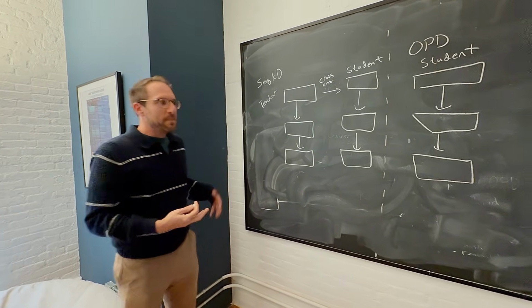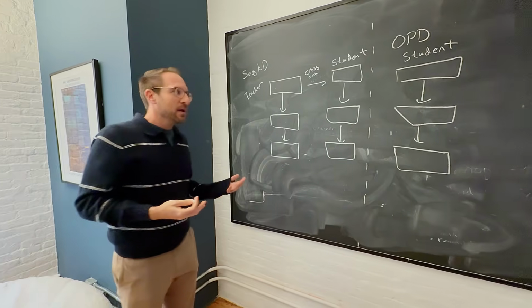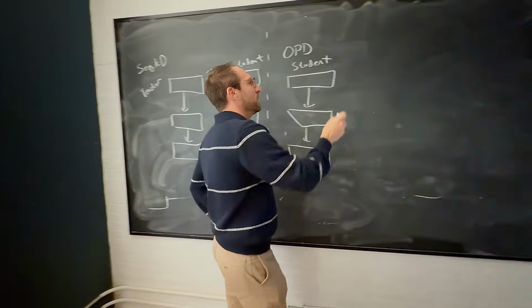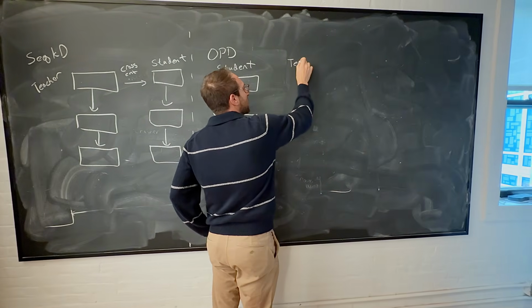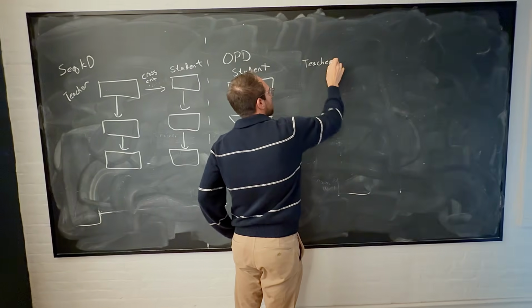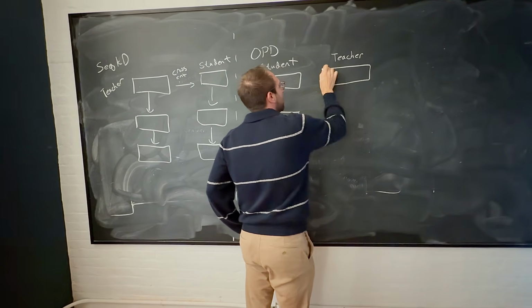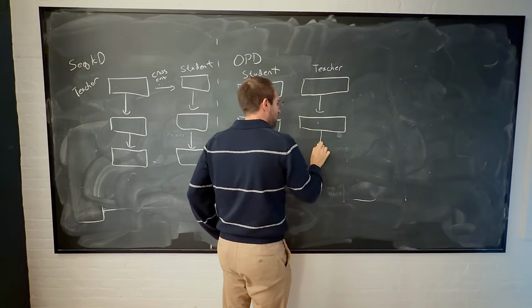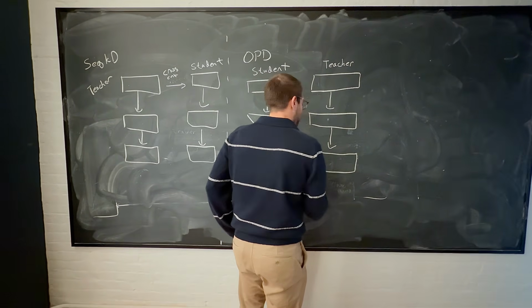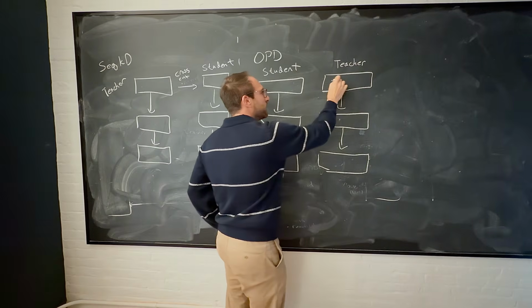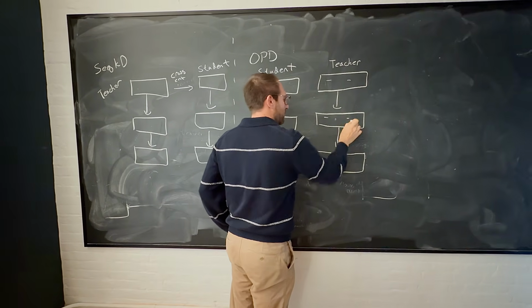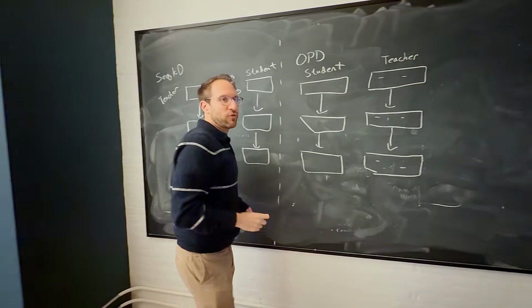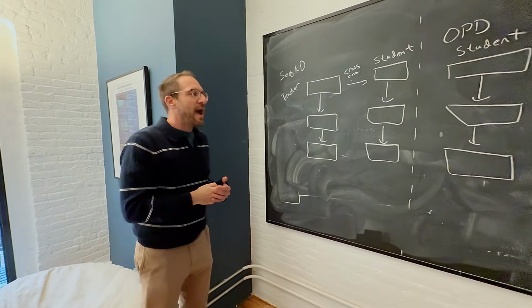Now this is not going to be that great, but you're then going to have the teacher rescore each of the tokens in those sequences. So now we have the teacher running a forward pass over that data. At each position, it's going to maybe make different choices about what tokens it would like to have there.